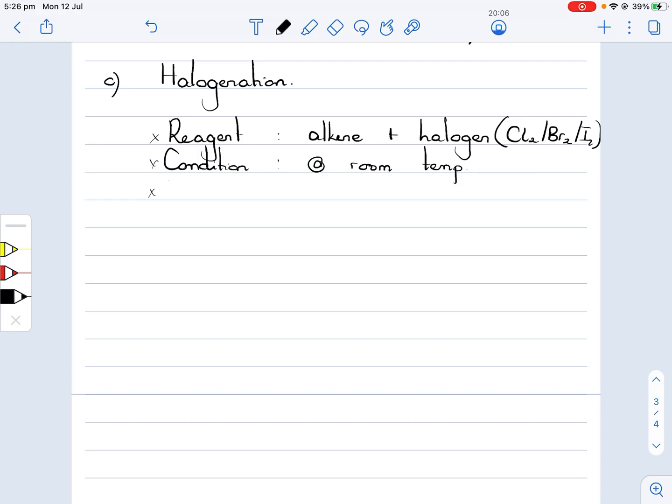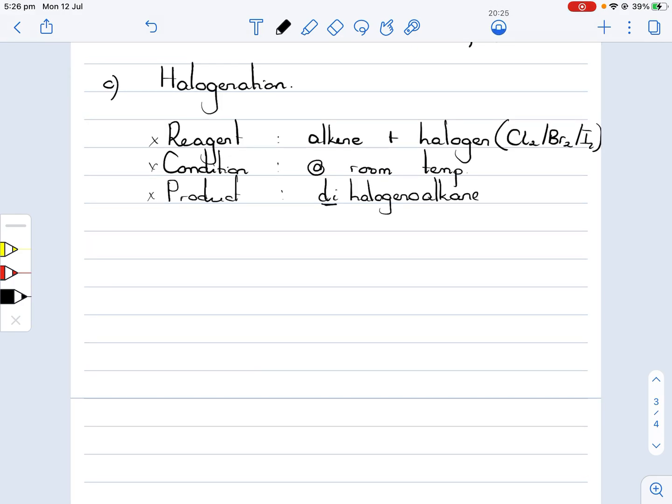So the final product that we expect to end up with, I'm going to phrase it as a dihalogenoalkane. Why I used the word di, it's because it's going to be having 2 halogens within the final thing.